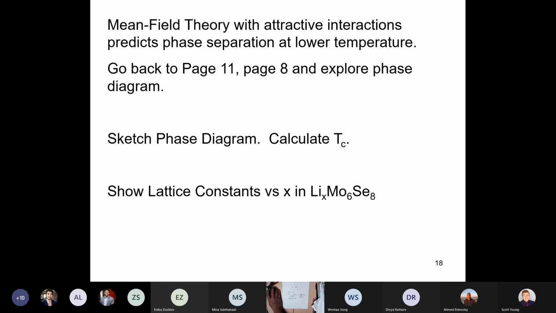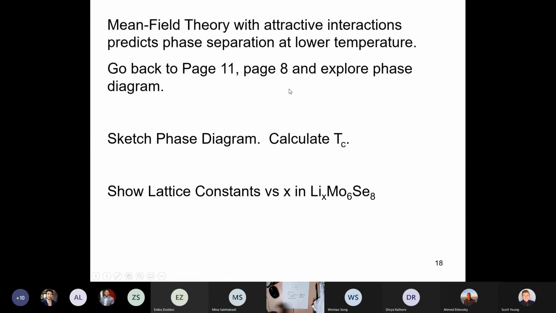Mean field theory with attractive interactions predicts phase separation at lower temperatures. I'll explain what that means in a minute. Go back to page 11, page 8, and explore the phase diagram. We'll do that now on my document camera, and we'll calculate the phase diagram and calculate what's called the critical temperature.